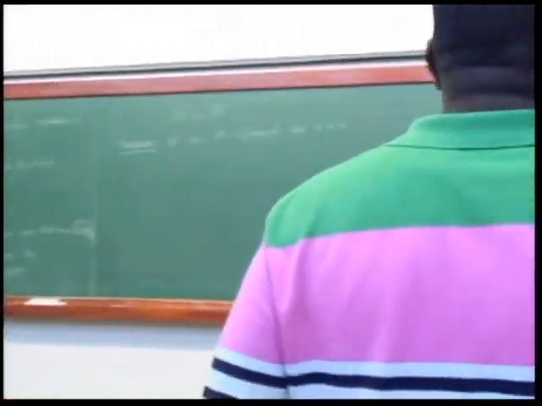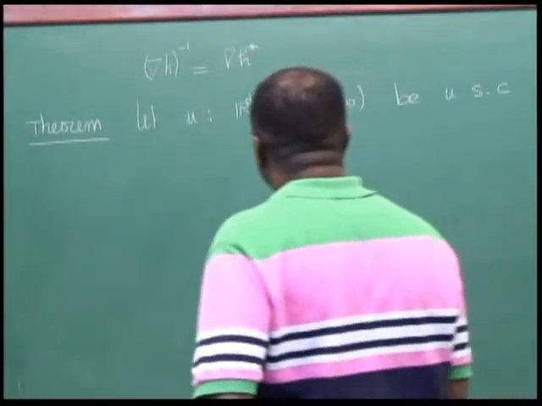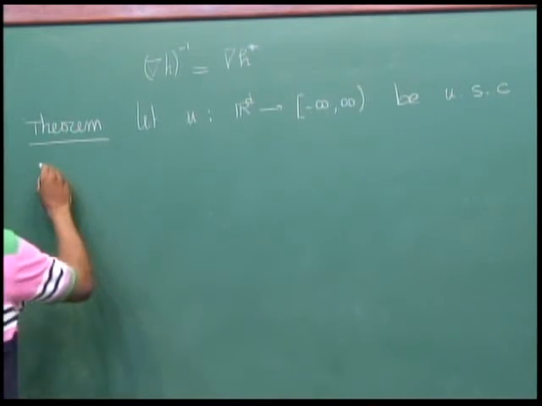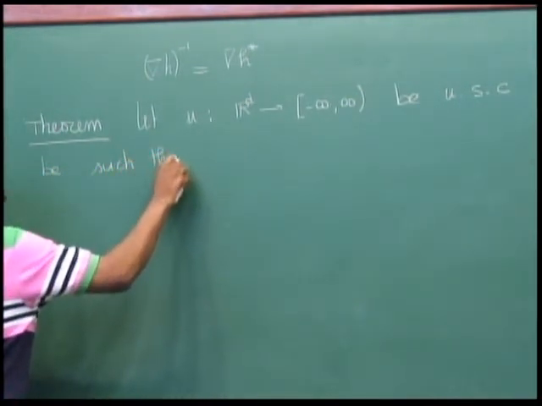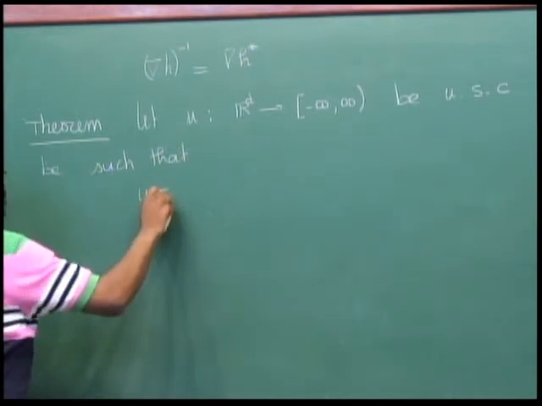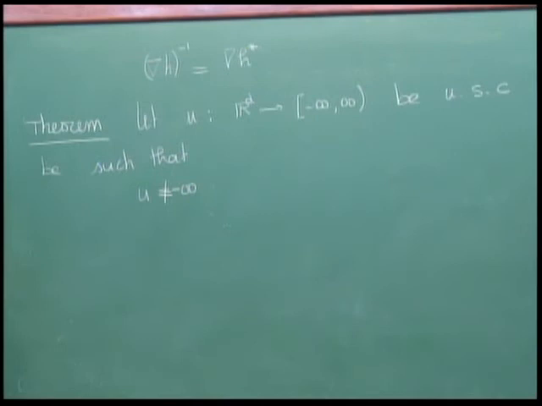So I am assuming my functional is upper semi-continuous, and that is going to make my life easier. Be such that I am going to assume that we don't have something trivial. U is not identically negative infinity.